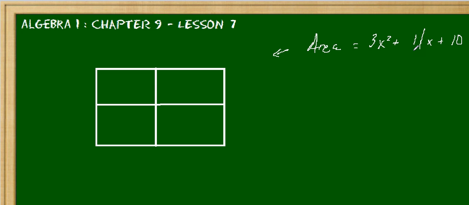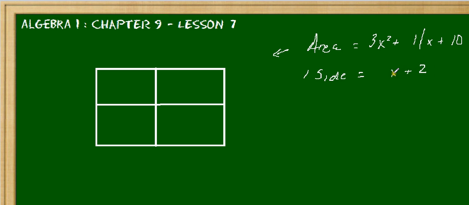And we have the other dimension of x plus 2. So one of the sides, let's just call it one side, will be x plus 2, right? So we put x plus 2.